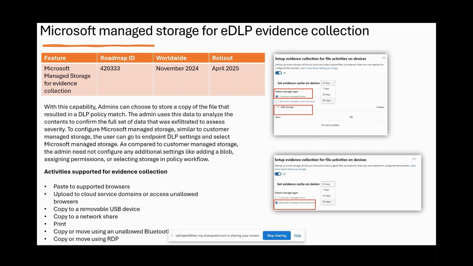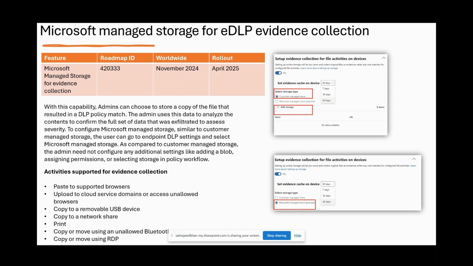As you can see in the picture towards the right, for customer managed storage you have an option to add the storage. Here, you go ahead and add the URLs of your containers. Second, when you select the Microsoft managed storage, you'll not see the add storage option there.